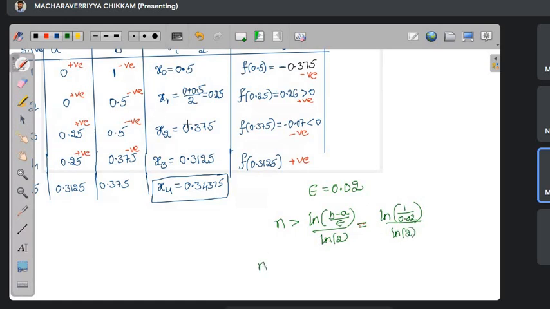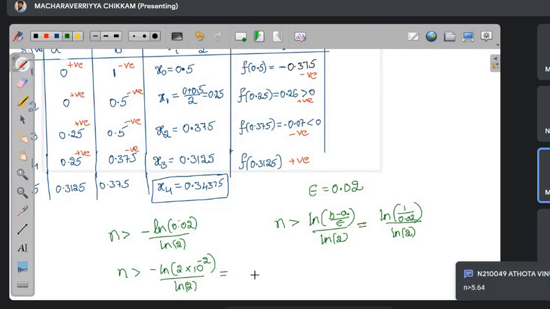I hope you can calculate without using a calculator also. So n must be greater than ln of 0.02, using properties of logarithm, minus ln of 2 into 10 to the power of minus 2, and we need to actually calculate because this minus 2 is there and it is 10 to the power, not 2 anymore.